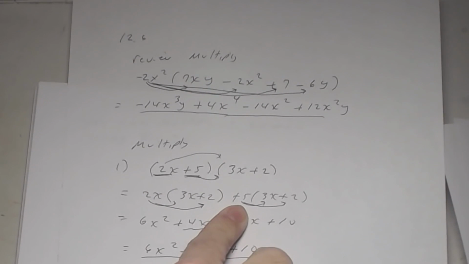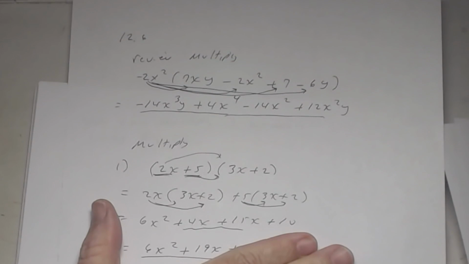That's the distributive. So I need to see the FOIL method, though, because that's going to be important next semester, because next semester, most of what you're going to do is factoring. And one of the things you need to know how to factor, when you factor trinomial, you're using the reverse FOIL. So you got to know what foiling is in order to be able to factor next semester.